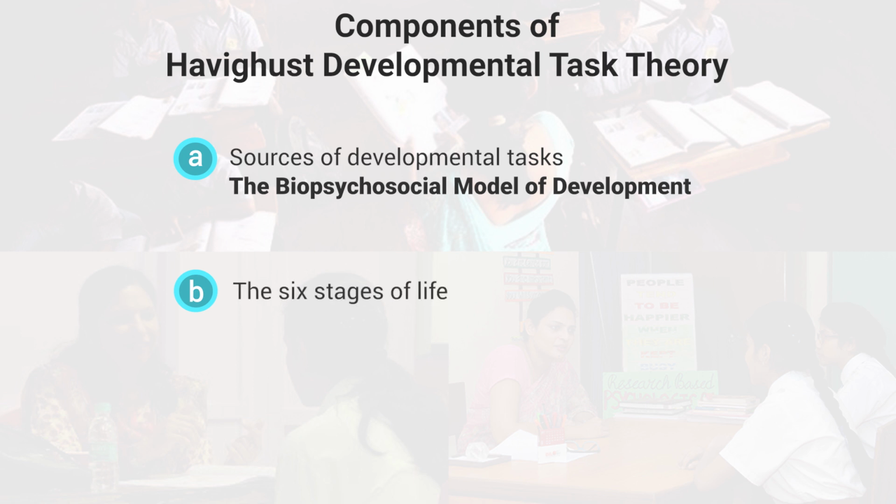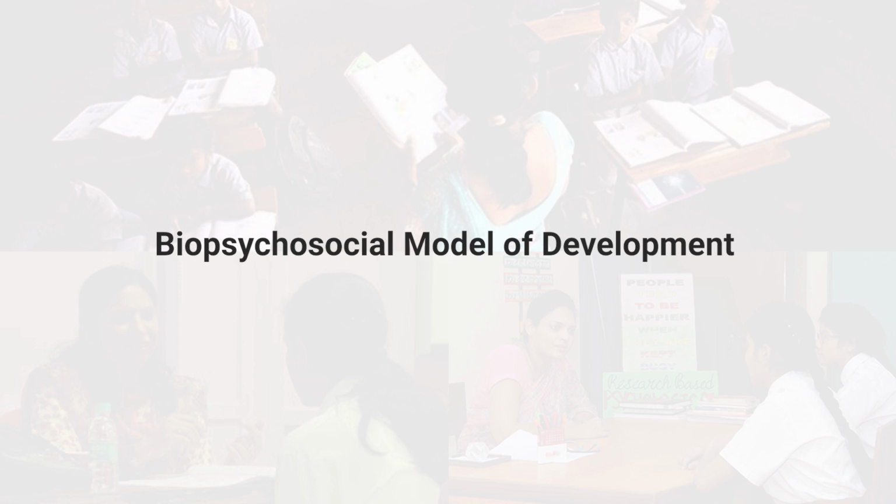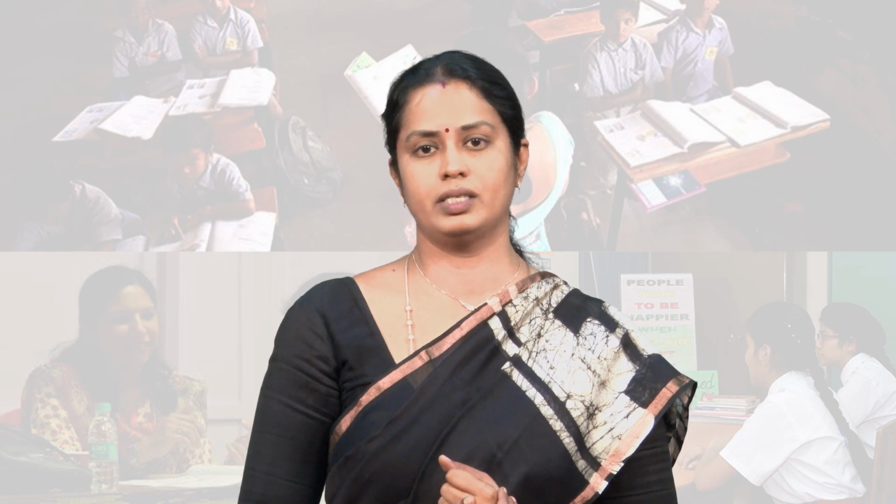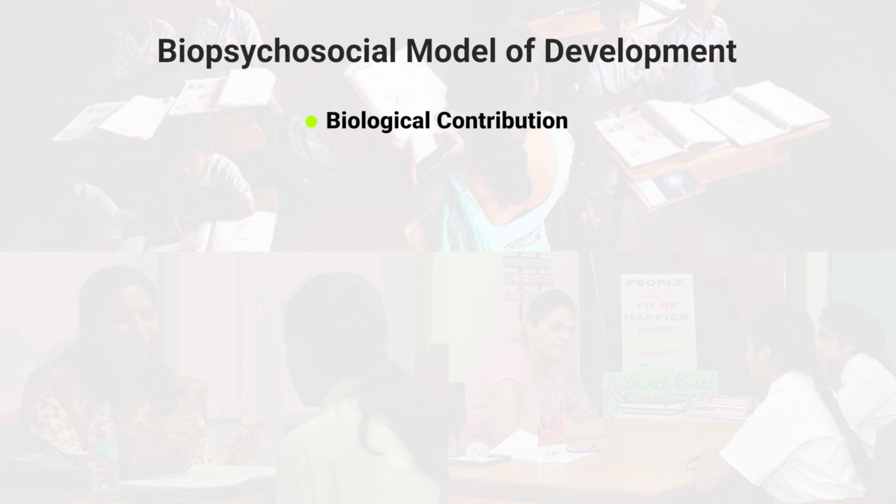And the second is about the 6 stages of life, that is what we call Havighurst developmental stages. Now let us see about the biopsychosocial model of development. Havighurst used the biopsychosocial model to explain the sources that impact the task of each stage. The three major sources are biological contribution, psychological contribution, and societal contribution.